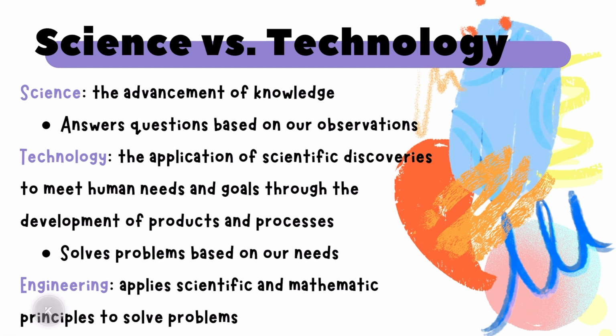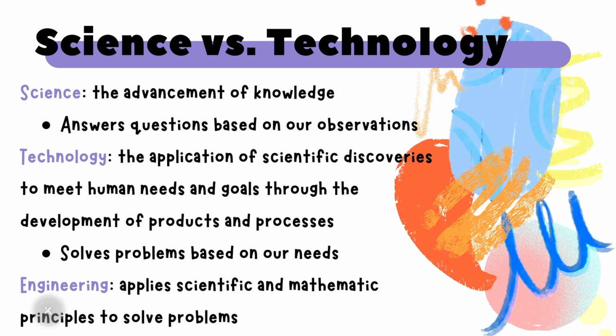Technology is applying science to meet human needs and goals through the development of products and processes. So this is going to be solving a problem based on our needs. For example, a cell phone is technology because it solves the problem of long distance communication.